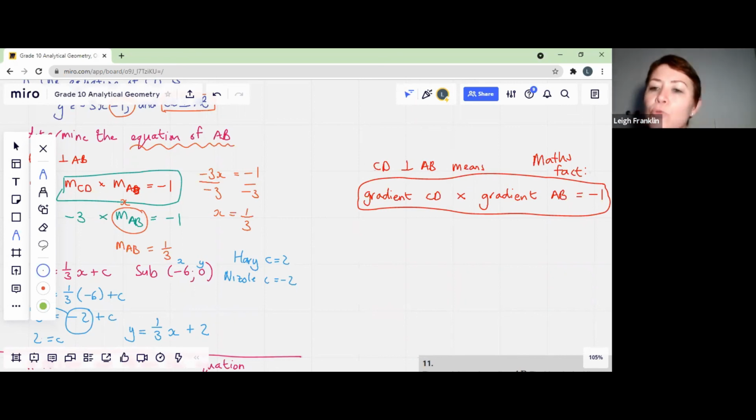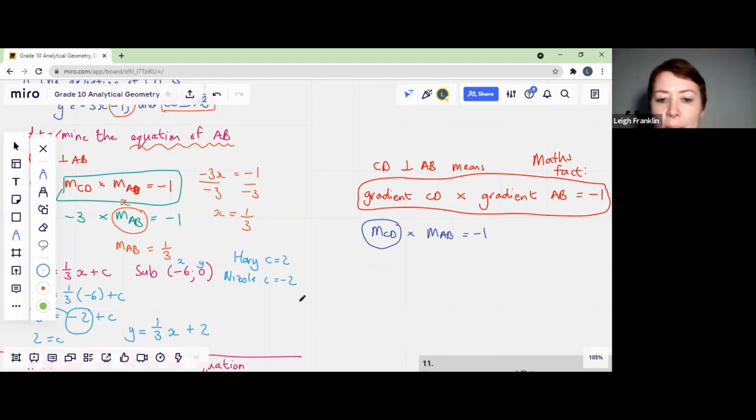So we can use that, Maya. We can make an equation out of that. In other words, what I'm writing here is gradient of CD times gradient of AB is -1. There's my equation. If I then know what the gradient of CD is, I can substitute.